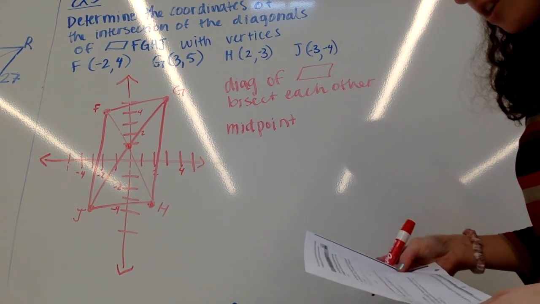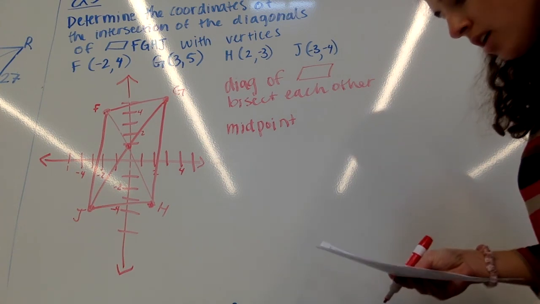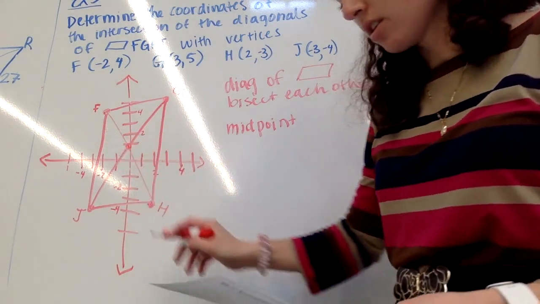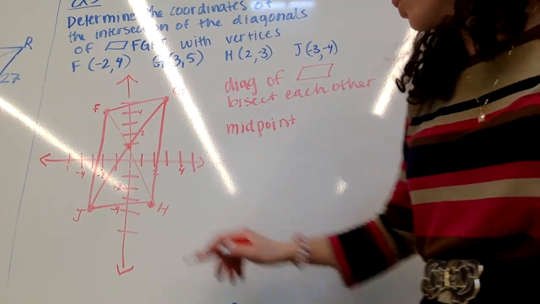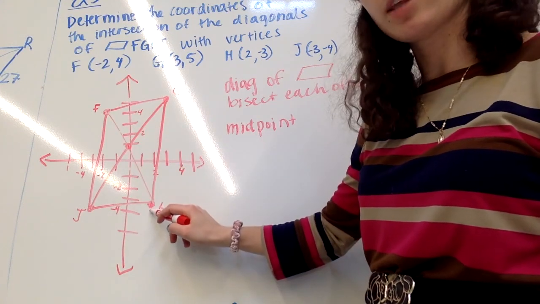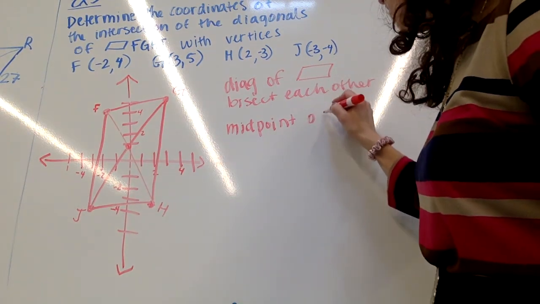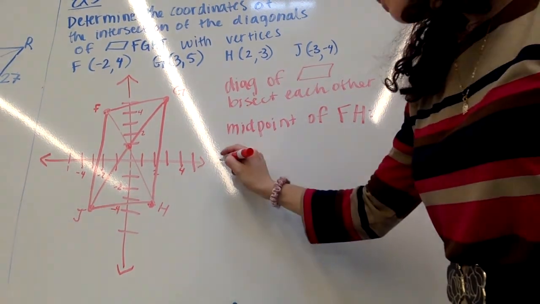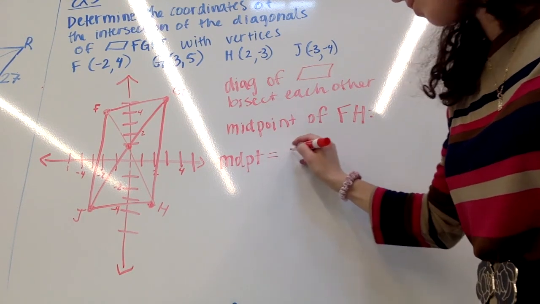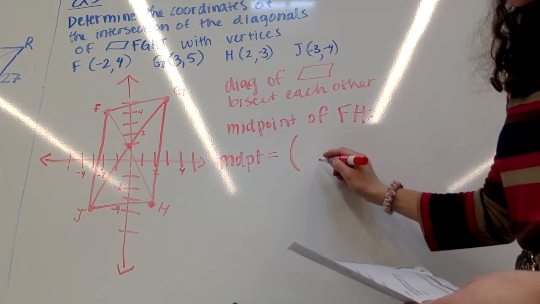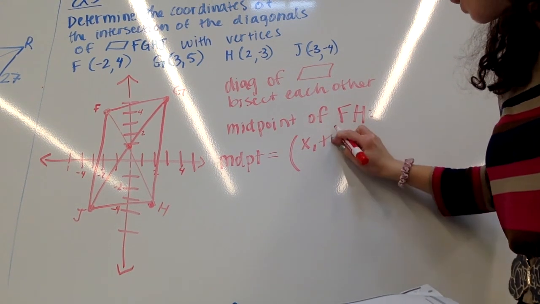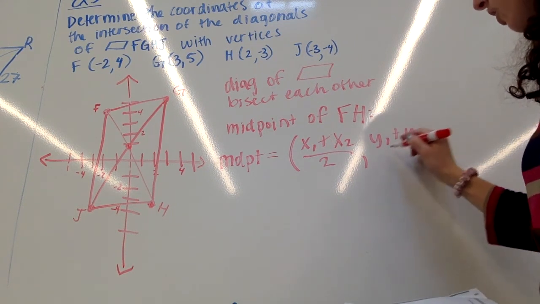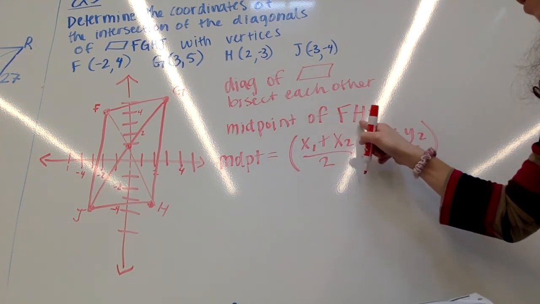So let's do the midpoint of, let's just choose FH and GJ. Oh, sorry, let's do the one FH, okay, that diagonal. We're going to find the midpoint of FH. You could do GJ and you'd get the same answer, okay? So remember midpoint formula is the average of the x's and the average of the y's, okay, for FH.